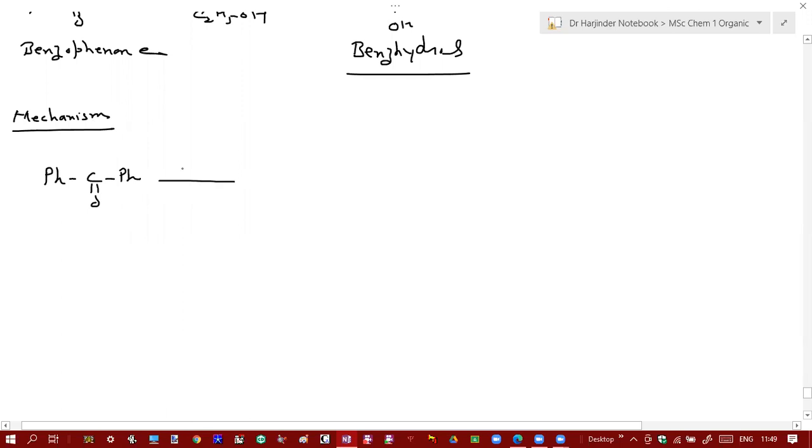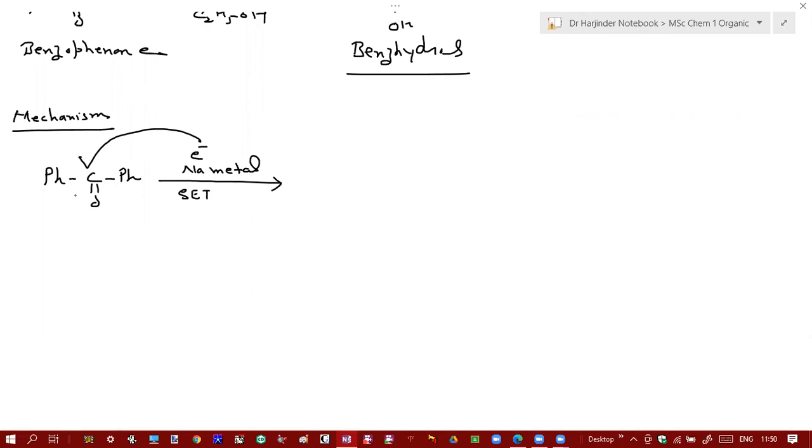You have a sodium metal, and from the sodium metal there will be a single electron transfer to this carbonyl group. Since oxygen is more electronegative, it will acquire the full negative charge, and the carbon will get the radical.